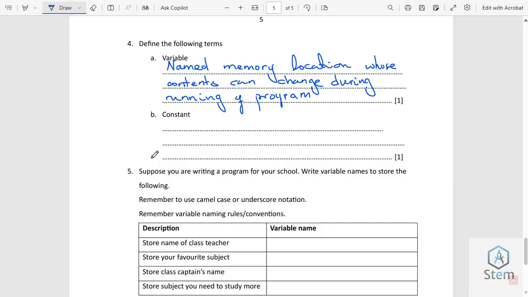If the contents cannot change during the running of the program, then the memory location is called a constant, which is a named memory location whose contents cannot change during the running of the program.